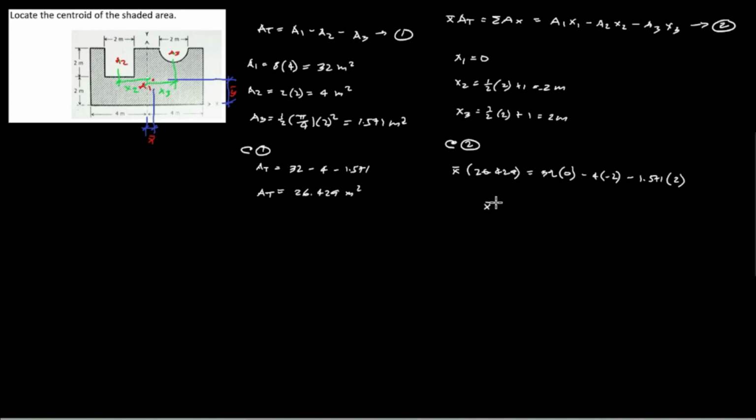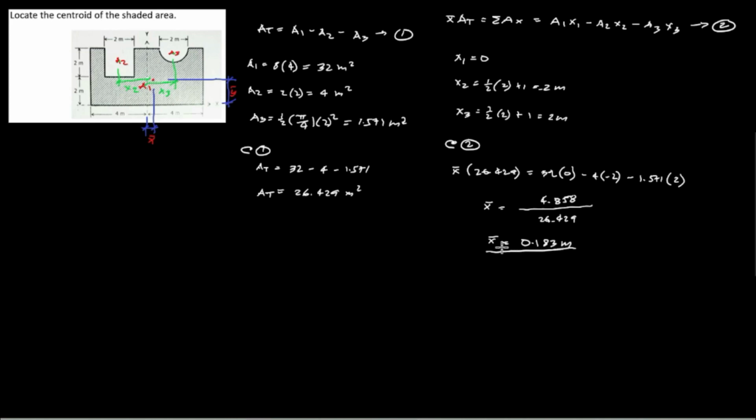So x bar is equal to 32 times 0 is 0, minus 4 times negative 2, that's plus 8, minus 1.571 times 2, which gives 4.858, and we divide by 26.429.